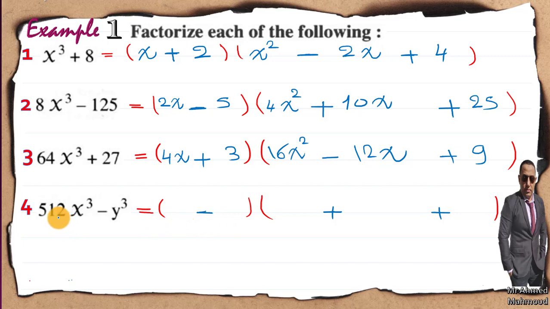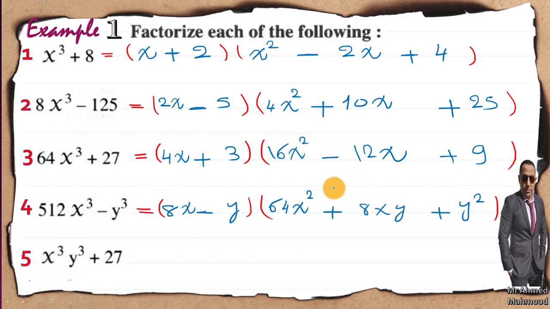Okay, cubic root 512 equals 8. Cubic root x equal x. X power of 3 equal x. Cubic root y power of 3 equal y. First power of 2, 8x all power of 2 equals 64x power of 2. And second power of 2, so it is y power of 2. First times second, 8x times y equal 8xy.